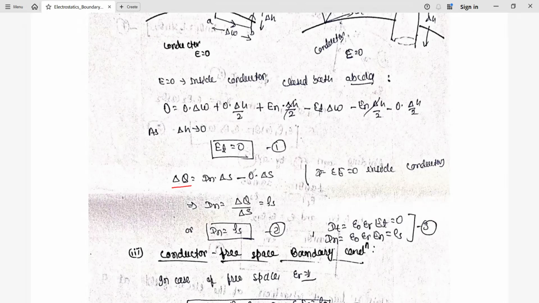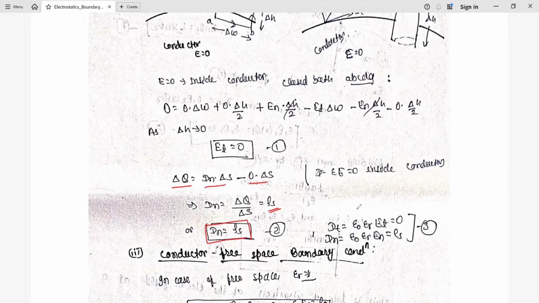So here this is medium one, this is medium two. In medium two, electric field is not there, so flux density is also 0. So finally here Dn equal to del Q by del S. So del Q by del S is what? It is the surface charge density. So finally, normal component at the interface in case of dielectric and conductor is equal to rho s.